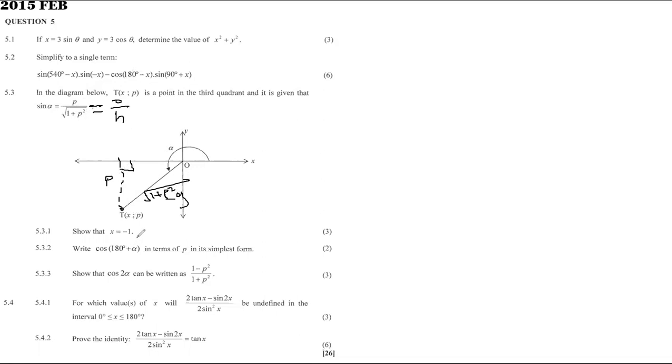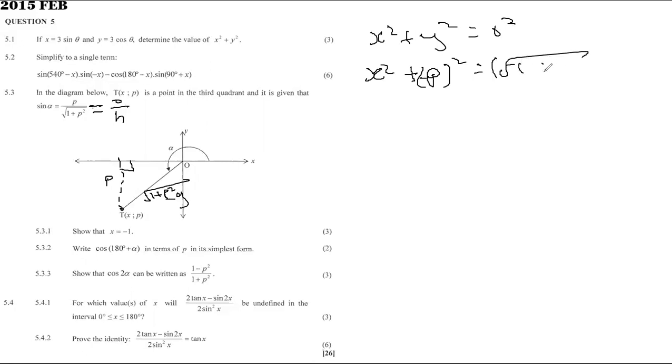So show that x equals minus 1. We know we've got to use Pythagoras here. x squared plus y squared is r squared. And what is my y? p. Even if you said minus p, that's fine. It's still going to be positive because you are squaring everything. So this is x squared plus p squared, and this thing here is just 1 plus p squared.